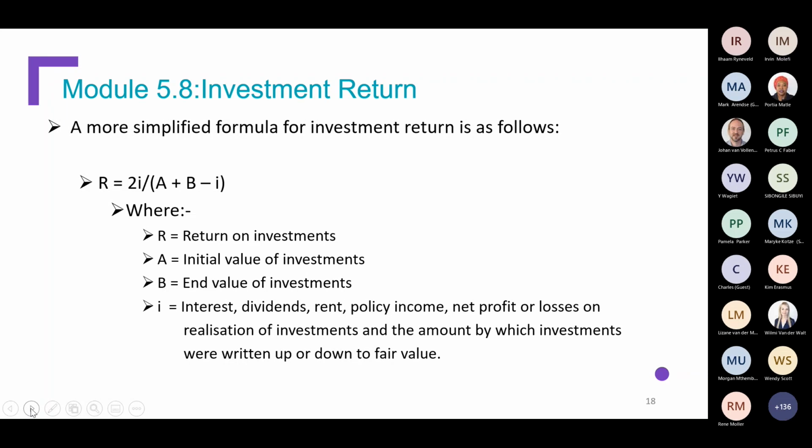R equals 2I divided by A plus B minus I in brackets, where R denotes the return on investments, A is the initial value of investments, B is the end value of the investments, and I is the total income, which includes interest, dividends, rent, policy income, net profit and losses on realization of investments, and the amount by which investments were adjusted up or down to fair value.